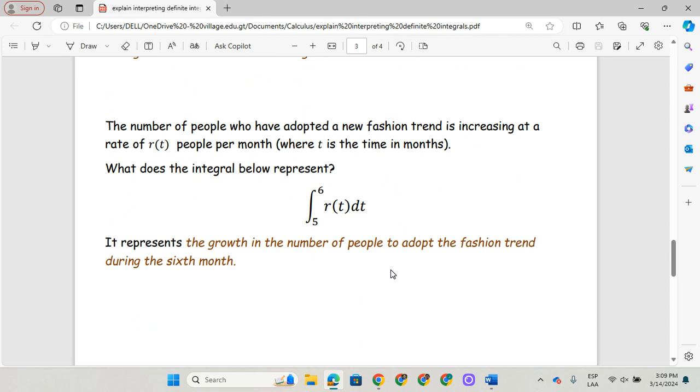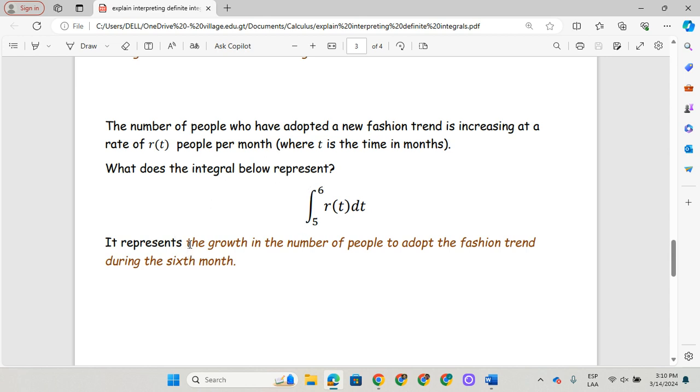This next one: the number of people who have adopted a new fashion trend is increasing at a rate r of t people per month, where t is time in months. What does the integral below represent? Integral from 5 to 6 of r of t dt. Well, again, r is a rate. So the integral represents the total change.